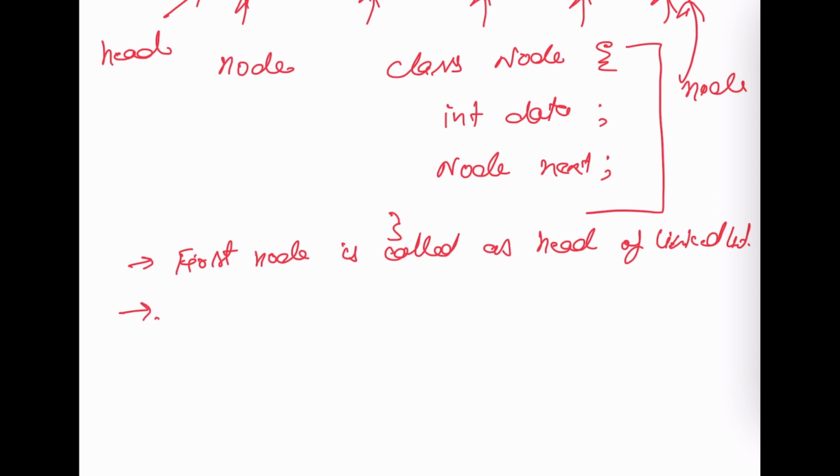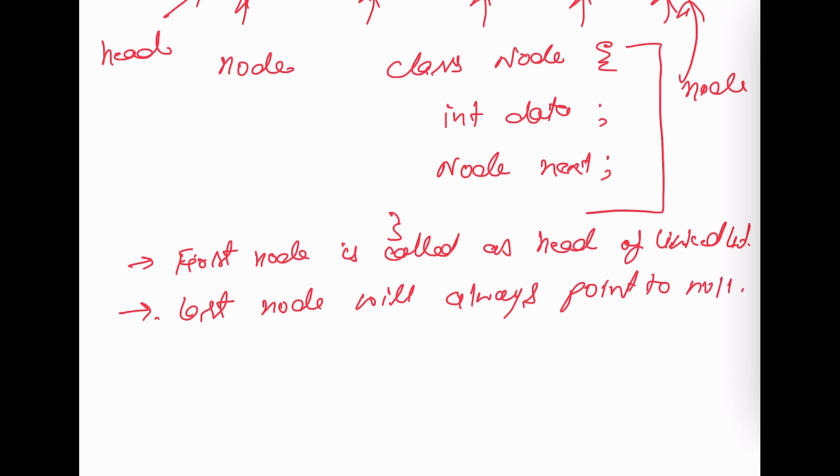The last node will always point to null, and this will indicate that your linked list is over.